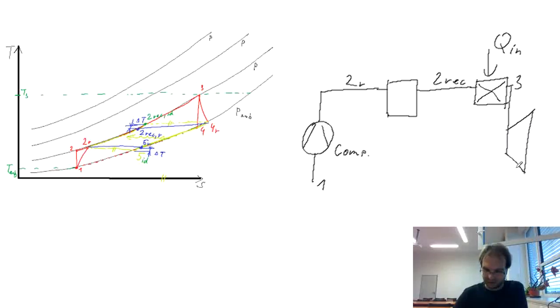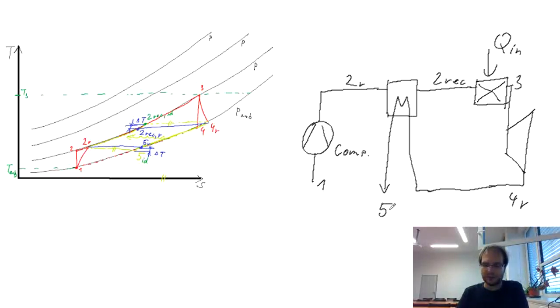Then the working fluid expands in the turbine to the point 4, or in the real turbine to the 4R. Now the hot air or hot flue gas at the turbine outlet goes to the recuperator to transfer part of its heat before it leaves to the environment at the point 5.